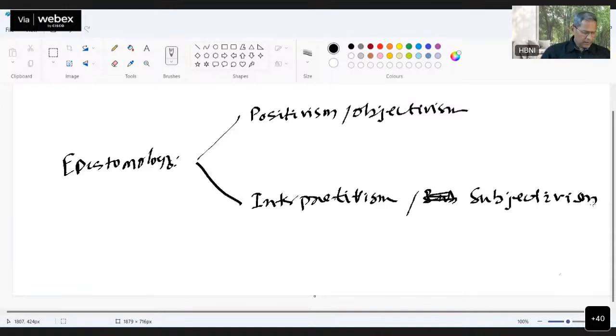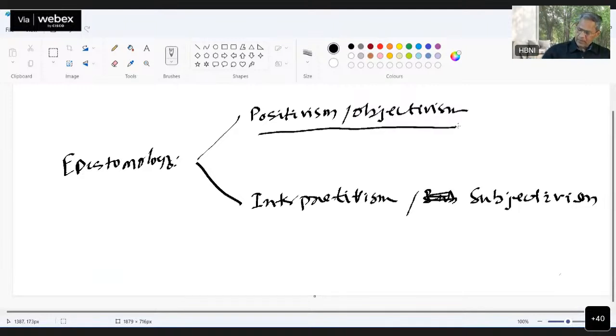In the case of positivism, it is possible to observe the world in a value neutral way. That means if I do an experiment, it will be independent of the person who is doing it or the place where you are doing it, your result will be the same. And our measurement is not going to disturb the act of observation. That is what positivism and objectivism are.